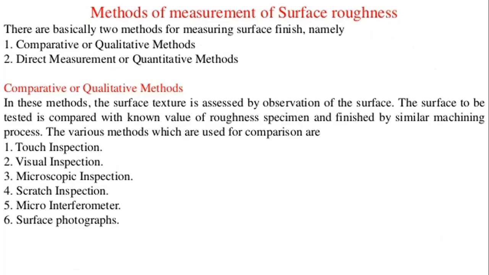The first one is the comparative or qualitative methods, and the second one is the direct method or quantitative methods. So that is direct measurement or quantitative methods of measurement. Coming to the first one, comparative or qualitative methods.